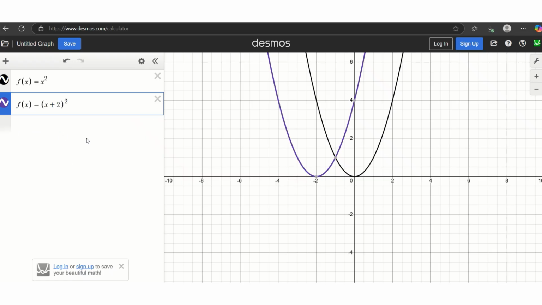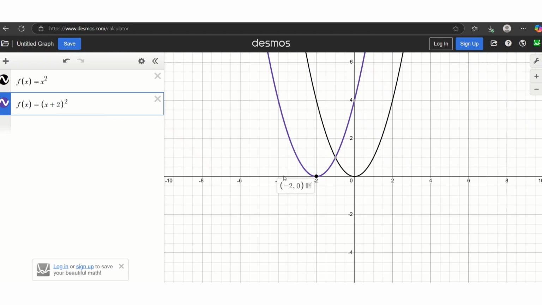Essentially what we could do to justify this is plug in the numbers. If I plug in x equals -2 right here, -2 plus 2 is 0 and 0 squared is 0, which means that it went left 2. It's -2, not +2, that will make that equal to 0 over there.